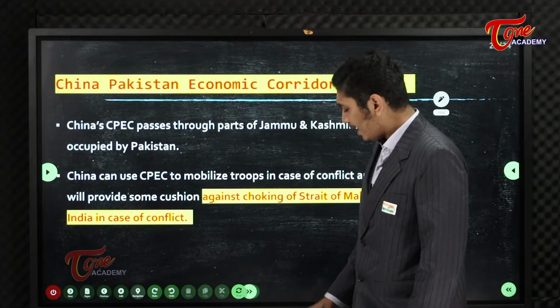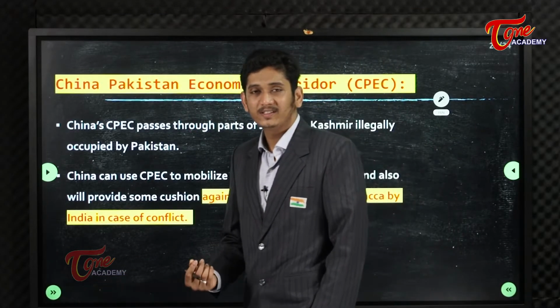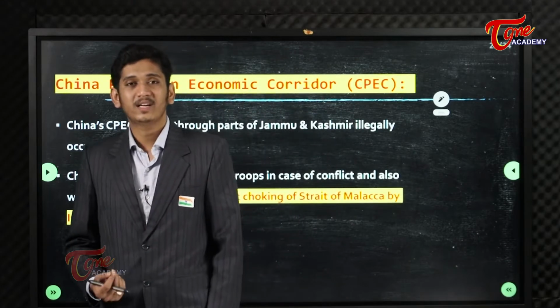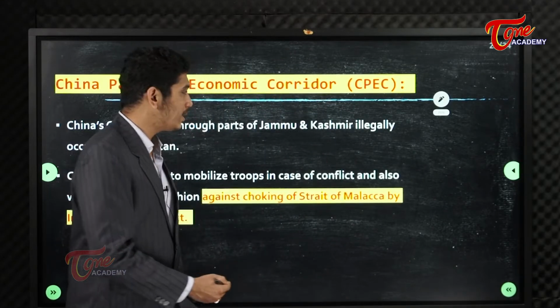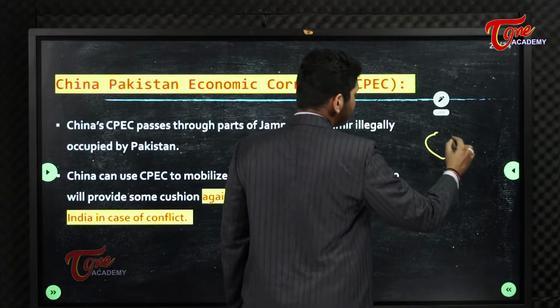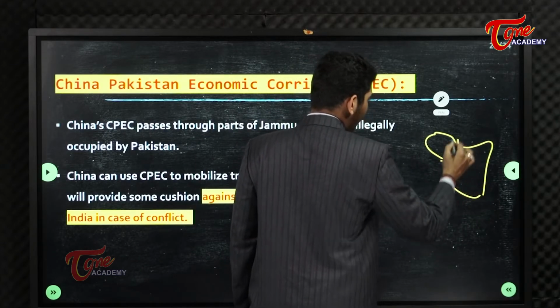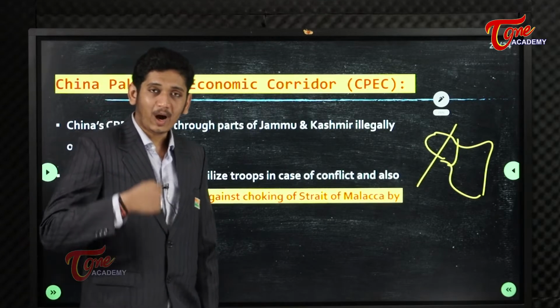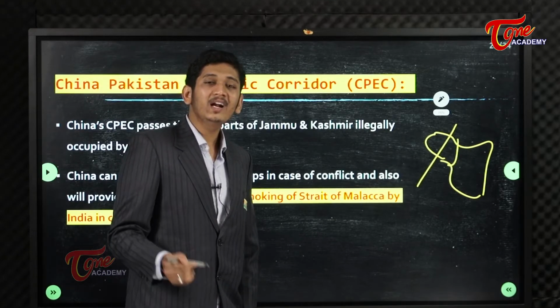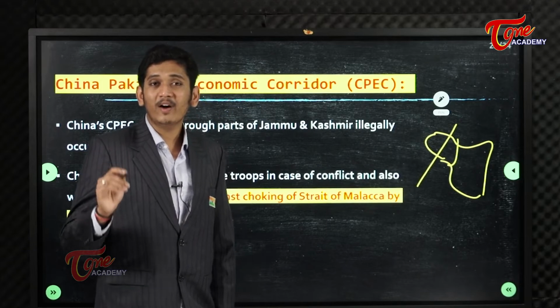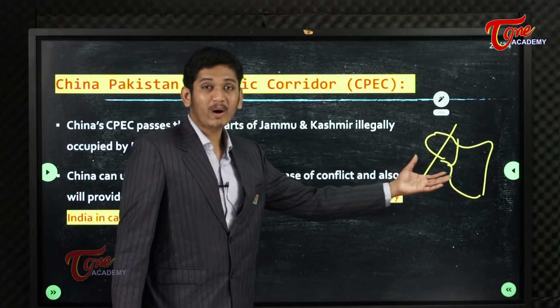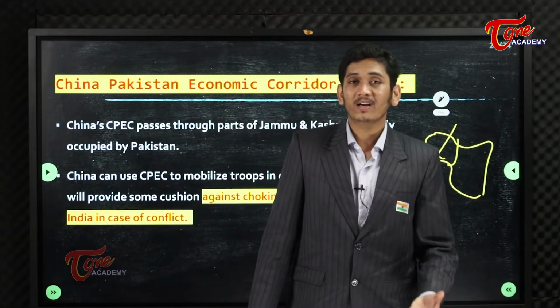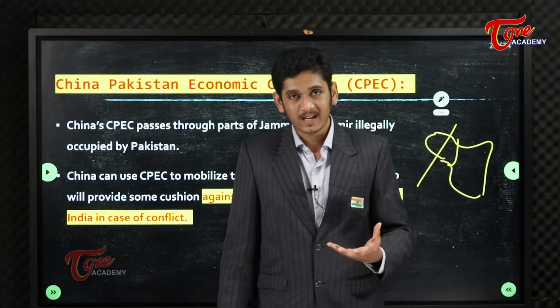Next, another issue which majorly affects India's interest is the China-Pakistan Economic Corridor. This corridor passes through the Pakistan-occupied Kashmir region of Jammu and Kashmir. So we are consistently opposing it, saying that we can't leave our territorial claims on the Pakistan-occupied Kashmir region, or simply called the Gilgit-Baltistan region.